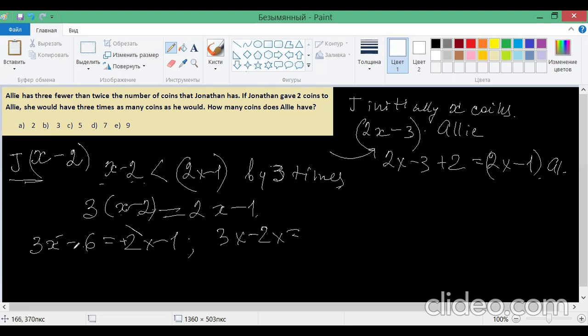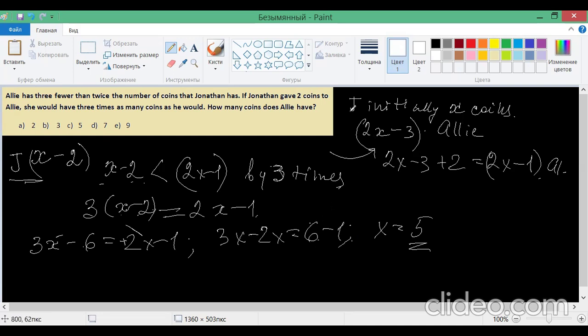In the left part of this equation is minus 6. In the right, it will be plus 6, minus 1. So 3x minus 2x is x, and 6 minus 1 is 5. So 5 is the root of this equation.